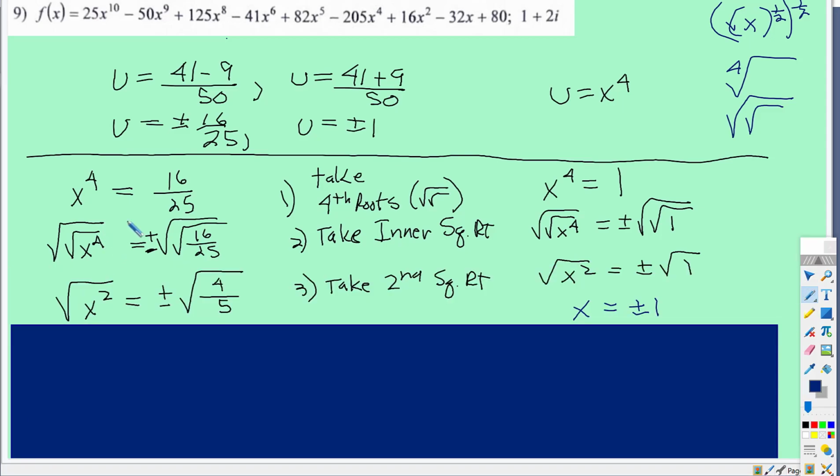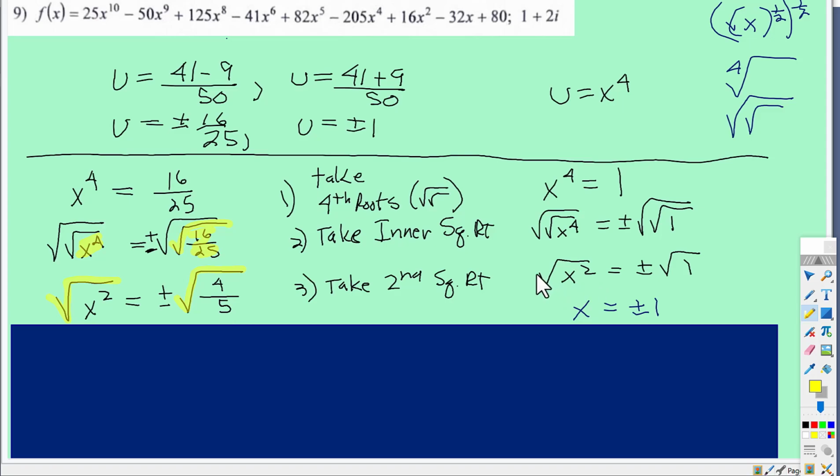The square root of x to the 4th is x squared, and now we have the square root of x squared. The inner square root of 16/25 is again positive negative outer square root of 4 over 5.